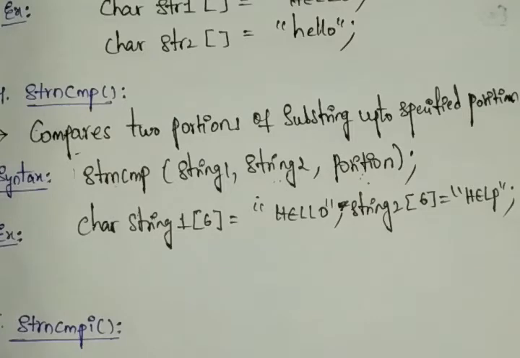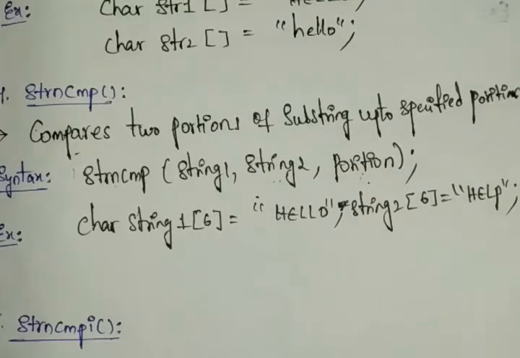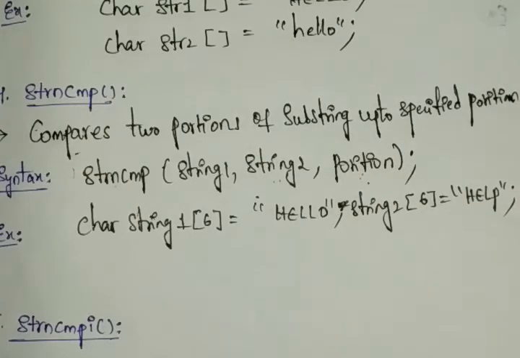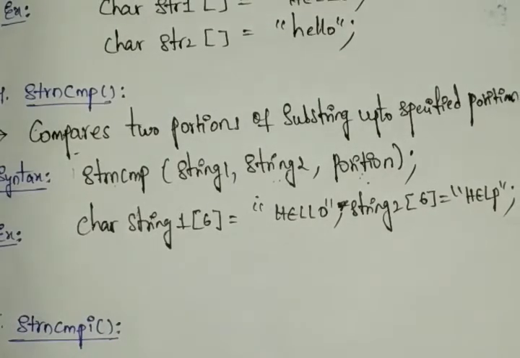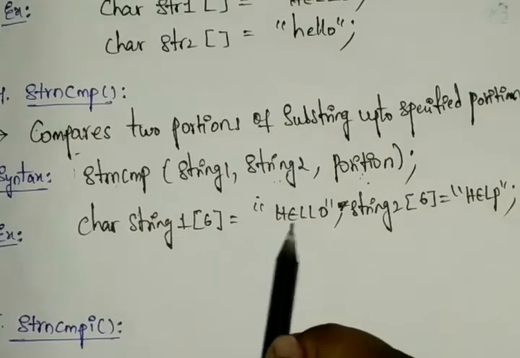When this is executed, the value will be 0. Why? Because it compares only the first 3 characters of both strings. It compares HEL.